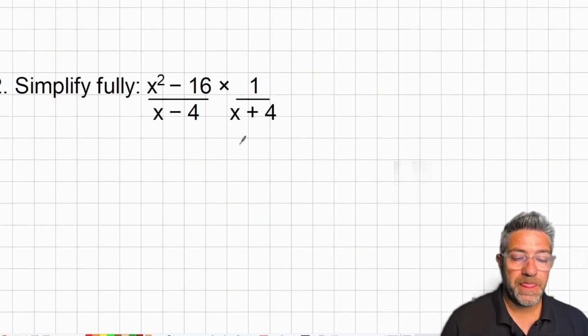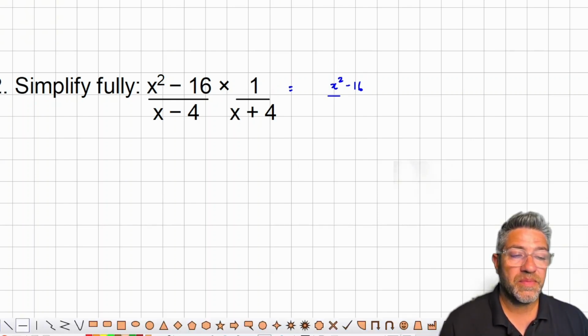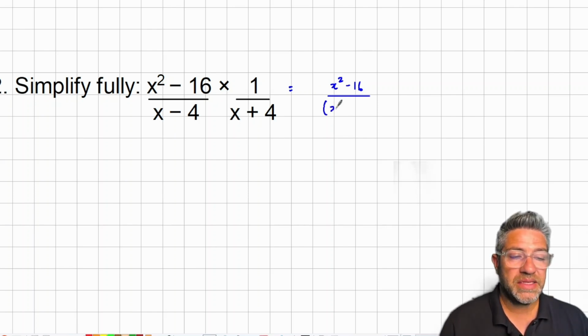Once again, I'm going to start in the same way that I did before. Now, when we have 1, whilst I could put my x squared minus 16 in brackets and put a 1 at the front, we tend not to. There's no need. And then my denominator will be x minus 4, x plus 4.